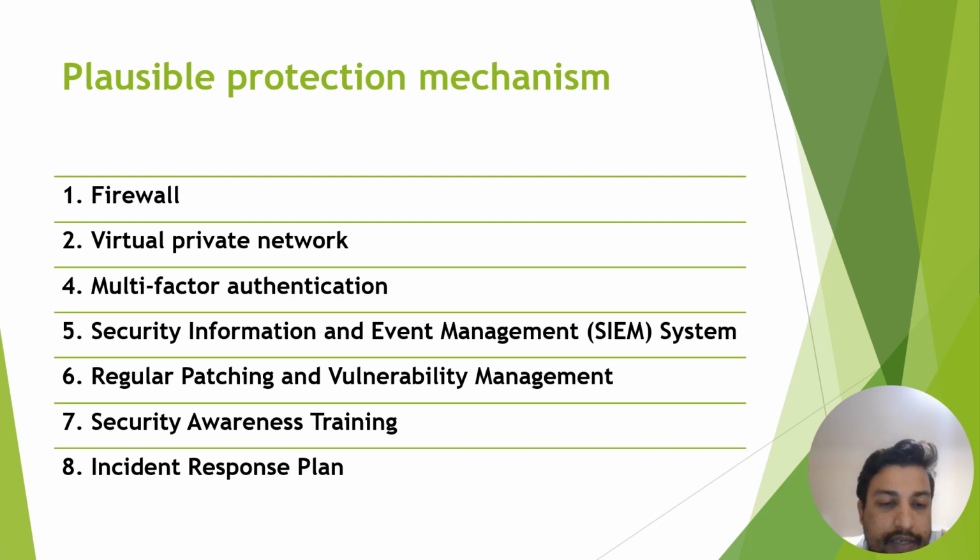Then the next one is a virtual private network, then data encryption, then multi-factor authentication, then security information and event management, then regular patching and vulnerability management, then security awareness and training.